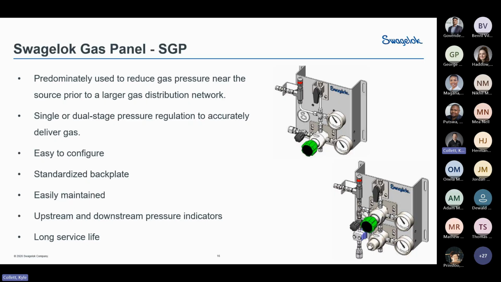So you could start off with a single stage regulator here, and closer to the application, you could include a second pressure regulator. These systems are super easy to configure and have a variety of configurations, such as including captured vents or even some form of overpressure protection. Depending on your system media and the requirements, these systems are available in stainless steel and brass.